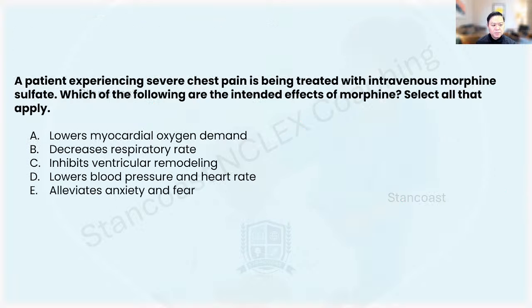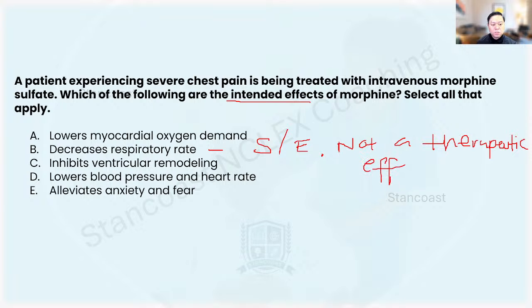Decreased respiratory rate is a side effect, not a therapeutic effect, since the question said something about intended effects. So that's why we are going to eliminate that one. Okay, letter A is correct.